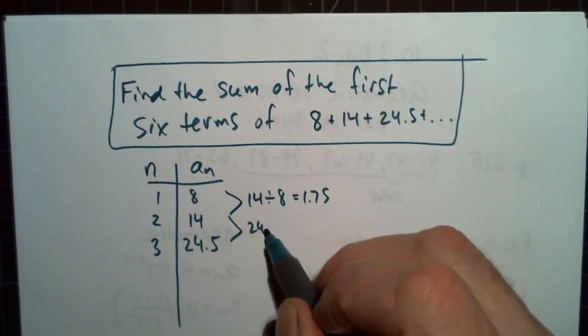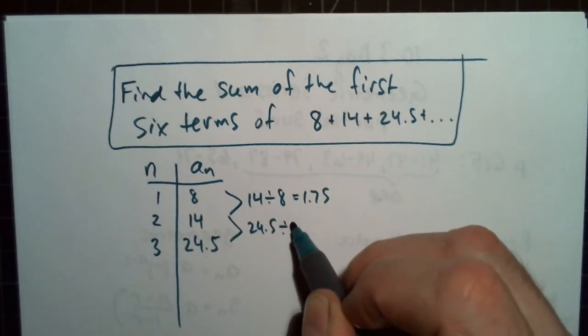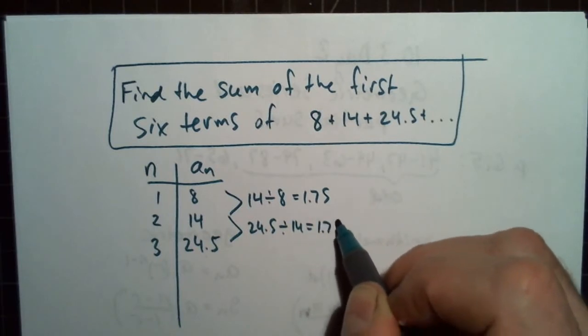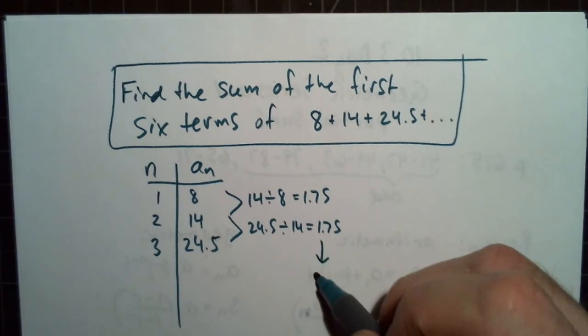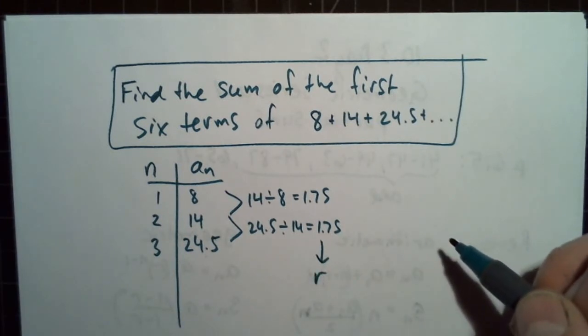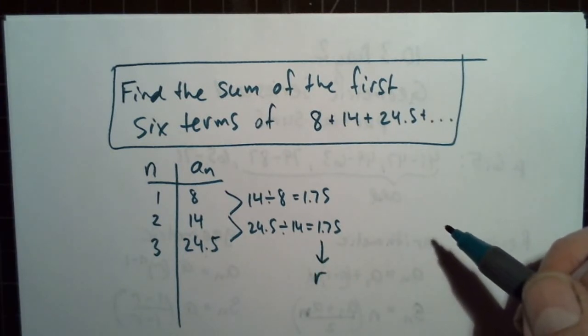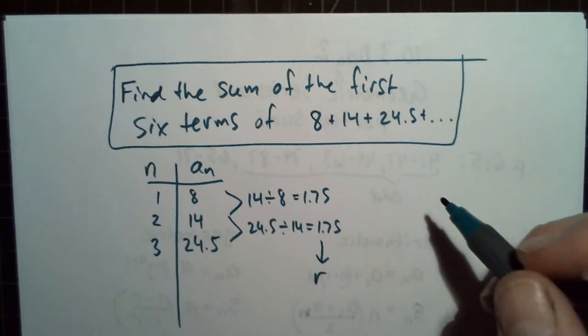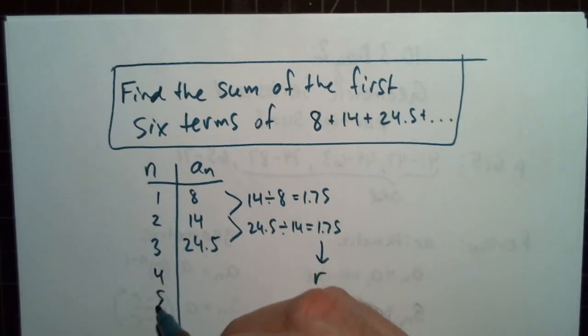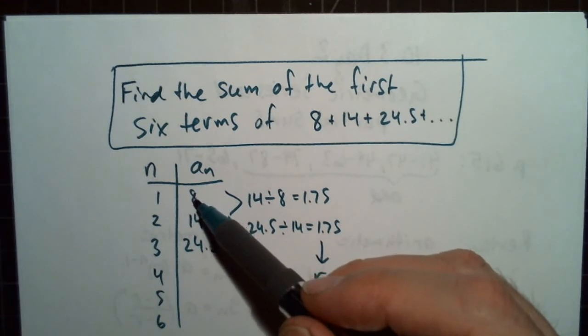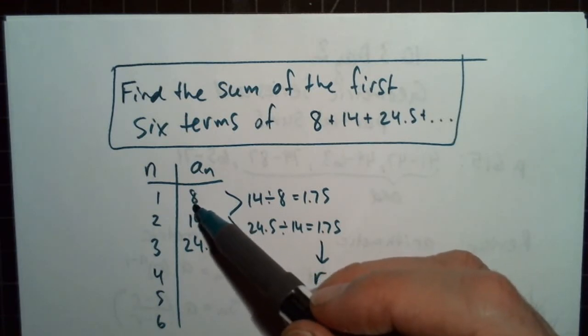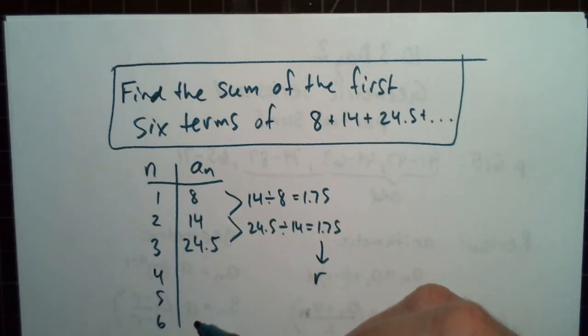Here we would divide 24.5 by 14, 1.75. So that's the common ratio. In this problem, we want the sum of 6 terms, so 3, 4, 5, 6. One way to do it would be to find all of these terms of the sequence and then add them together.